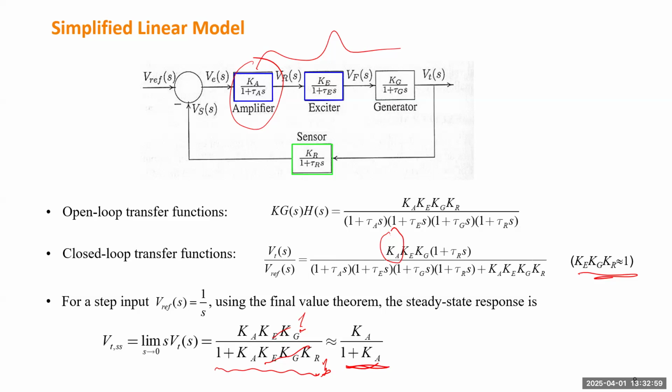So from this answer, you know it will never be 1. The steady state voltage after the change will never go back to the nominal voltage. Only if you have Ka be infinite can this one hold to 1, but it's not practical, because that can make the control system unstable.